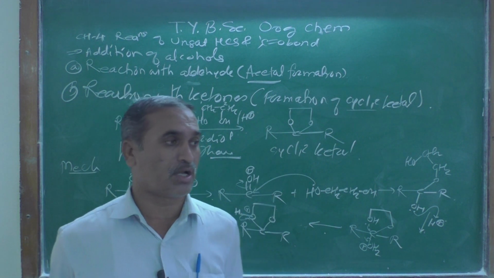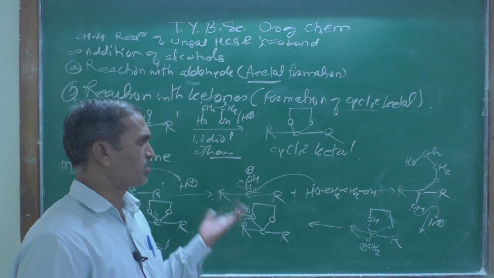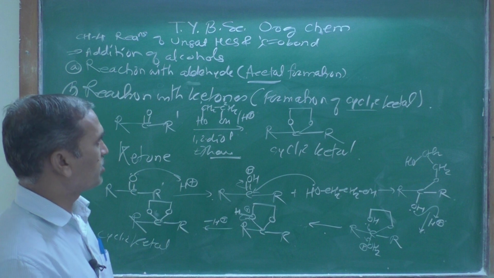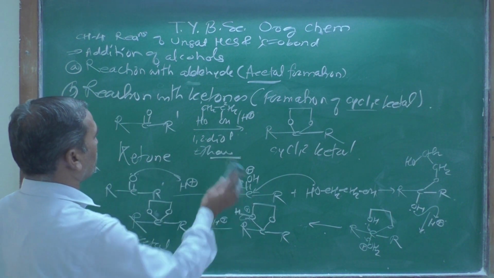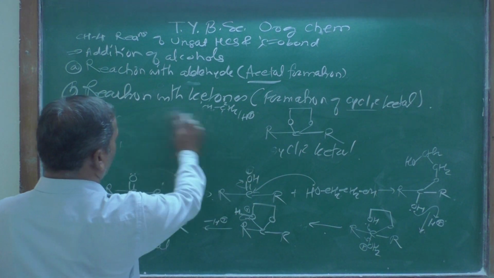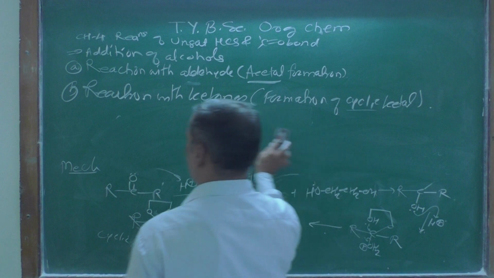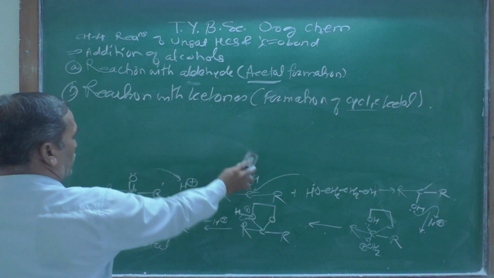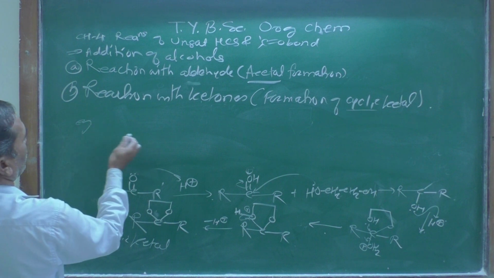In carbohydrate chemistry, these words are there. In T.Y.B.Sc you might have learned that, mutarotation, everything is there. But here, just how the formation of the ketal takes place, we have just seen. And once you know the mechanism, you can predict the product, the number of products. Now let me give some example.